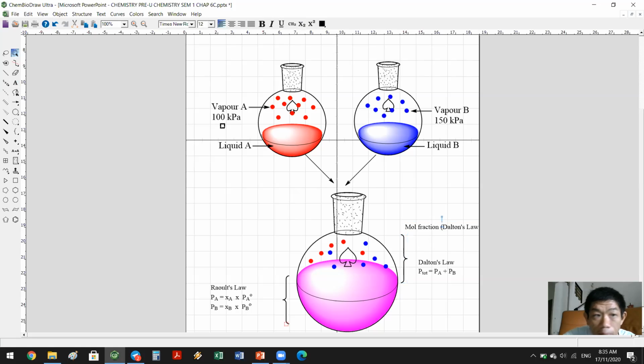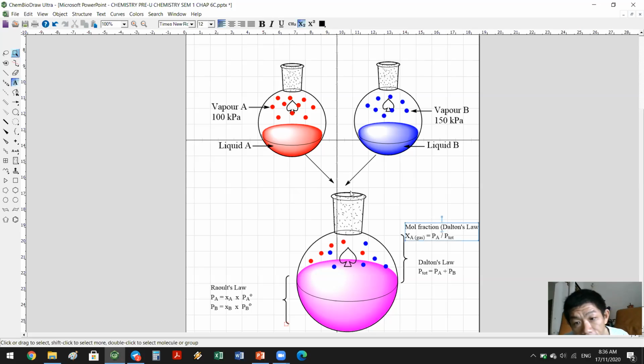How to calculate mole fraction in Dalton's law? If you still remember, XA is in terms of gas. I use a capital letter so that you can see the differences. XA is equals to what? Do you still remember? PA over P total.